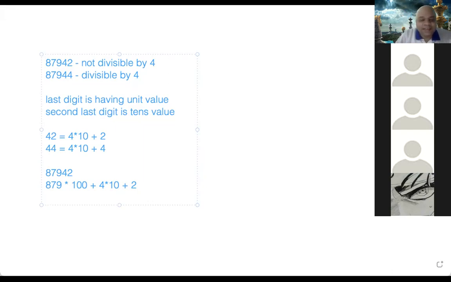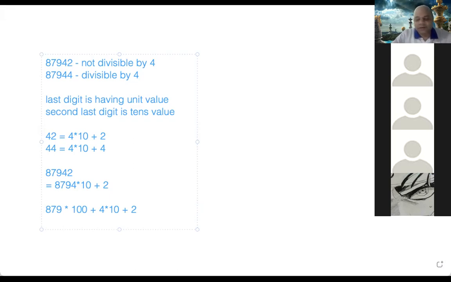Any number, you can always take the last digit 2, and everything else is multiplied by 10 plus 2. So this is equal to 8794 into 10 plus 2, correct? Because 8794 into 10 will be 87,940, plus 2 is 87,942.